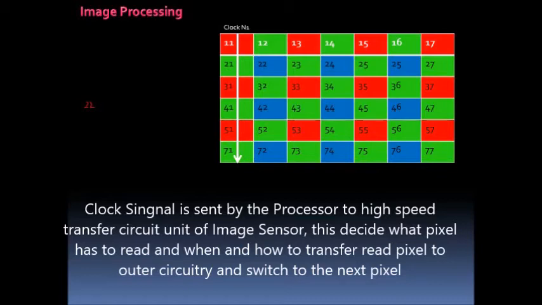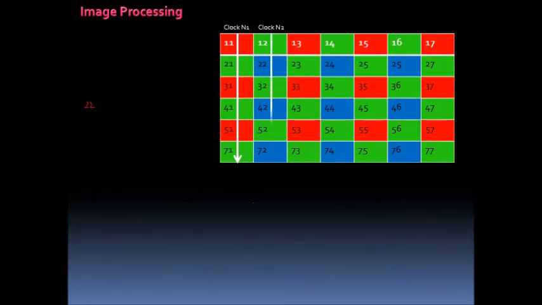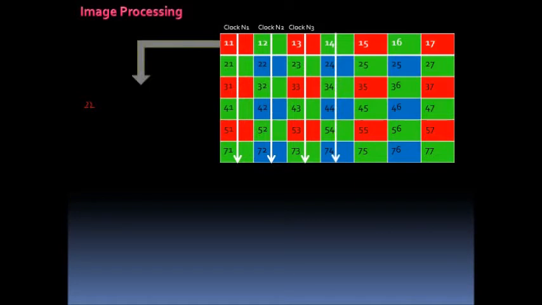Once the first column is read, it shifts to the next column on the next clock, and starts reading the next column of pixels. This is how it reads all the pixel values and transports them to outer circuits, until it completes reading all the columns of the image sensor. So when it reads the amplified voltage of a particular pixel, let's see how it processes that further.